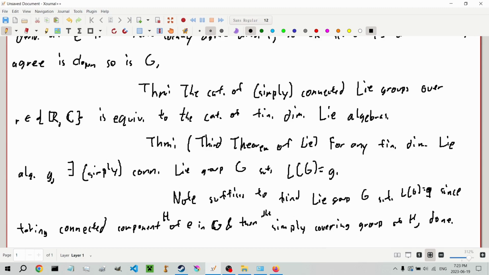So we don't actually need to prove that G is connected or simply connected or any of that, because we can just force it afterwards without interrupting our theorem.